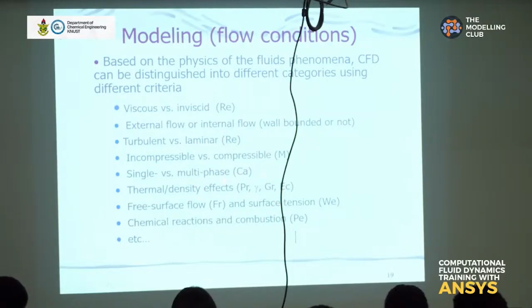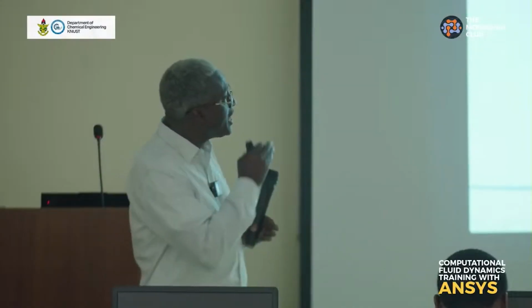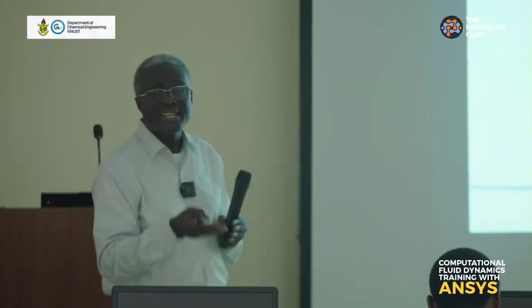In that case, Ca represents the cavitation within the system, within the pump. Single means that you just have water flowing in the system, or just liquid flowing in the system, whereas multi-phase can be gas and liquid, or water and its vapor.